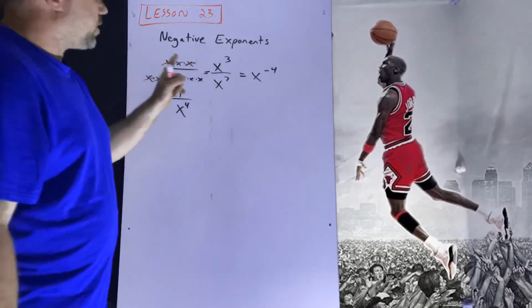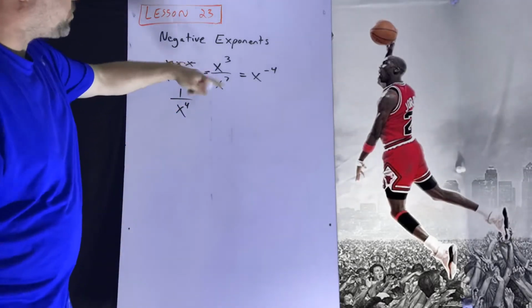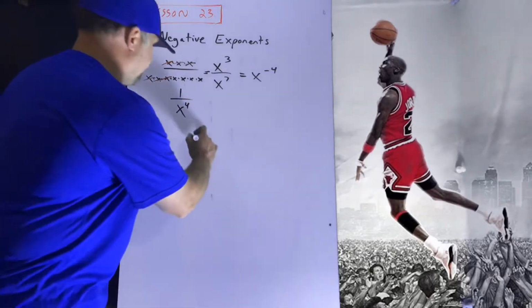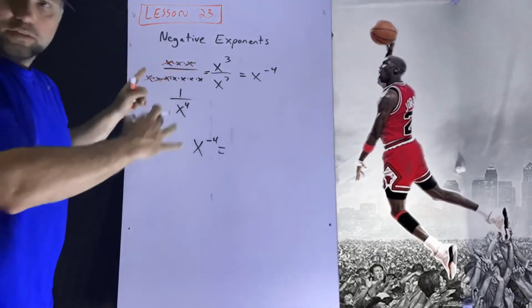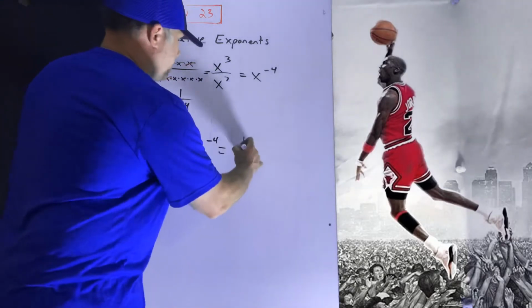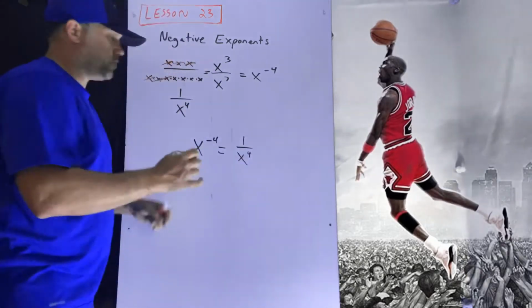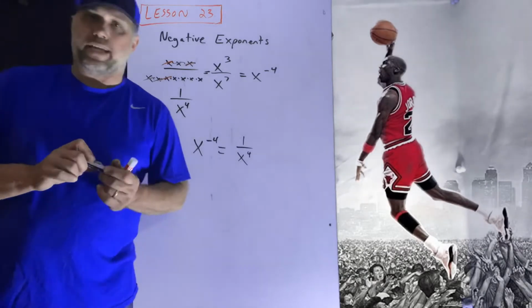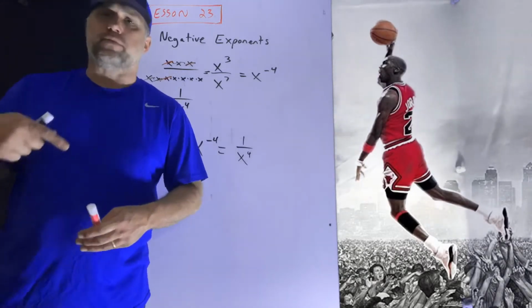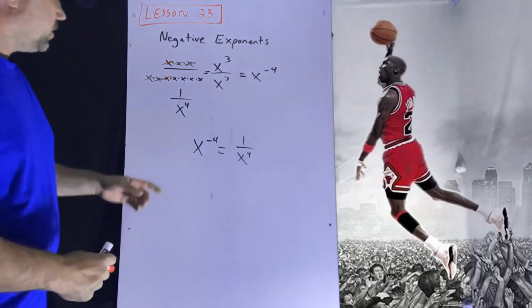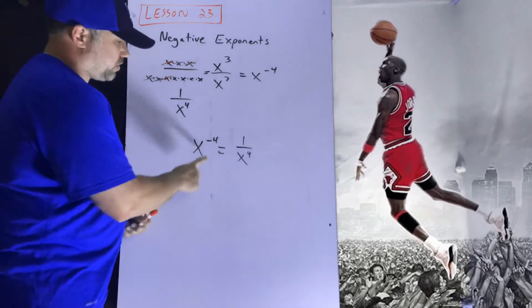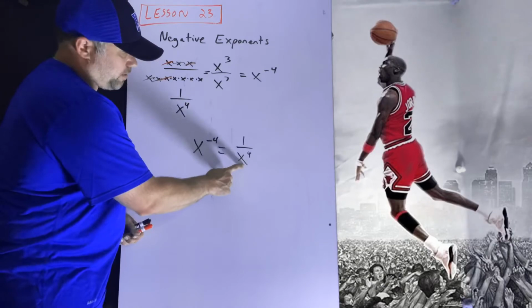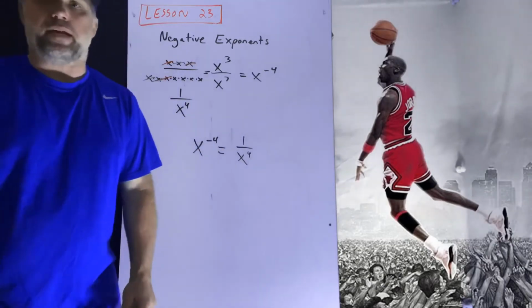So doing the problem with our exponent subtraction rules, I get x to the negative 4th. But when I do it using the reducing technique, I get 1 over x to the 4th. So this shows me how I handle a negative exponent. Negative exponents turn into fractions. If you have something raised to a negative exponent, it goes to the denominator and becomes positive, and there'll be a 1 on top after that.